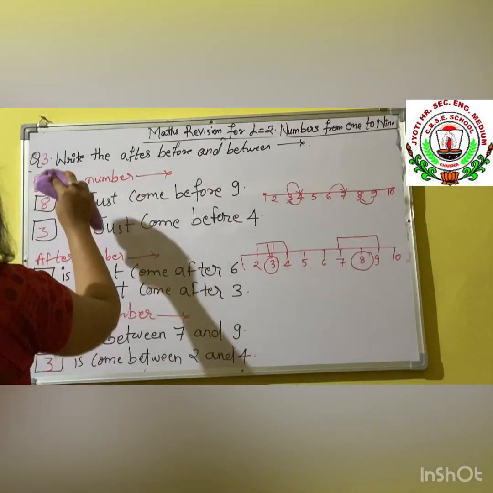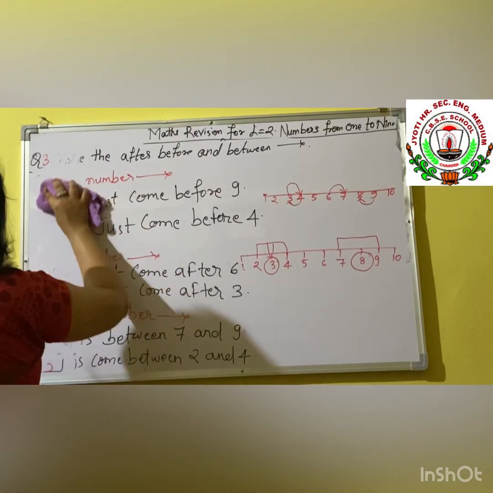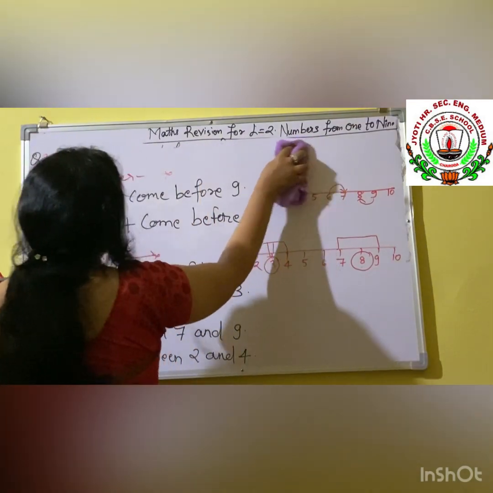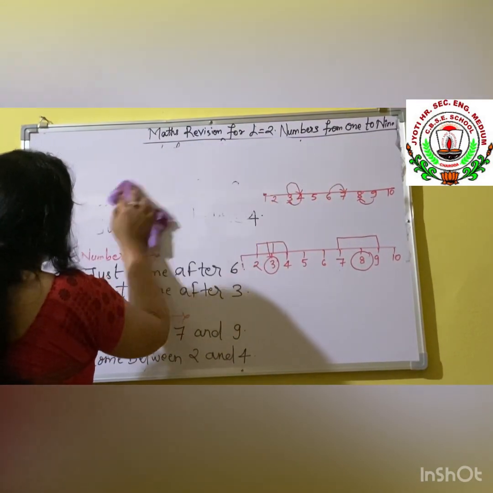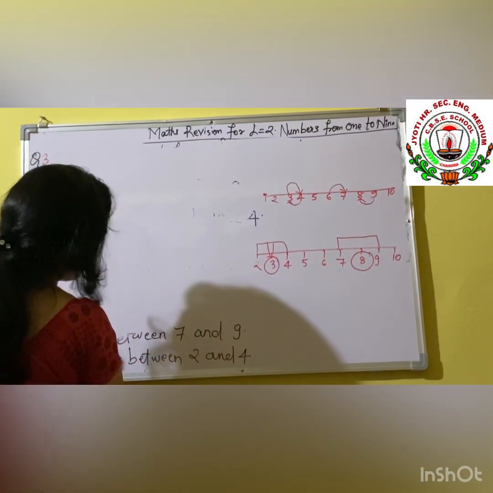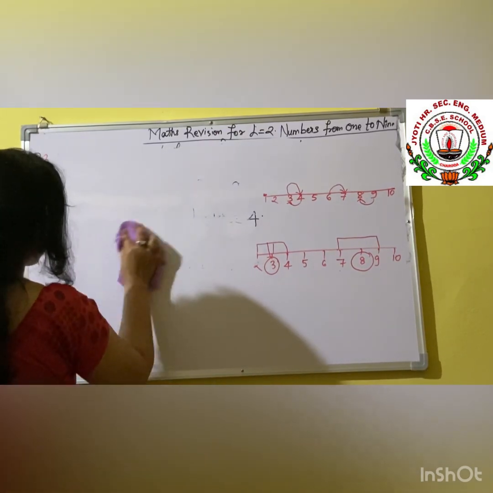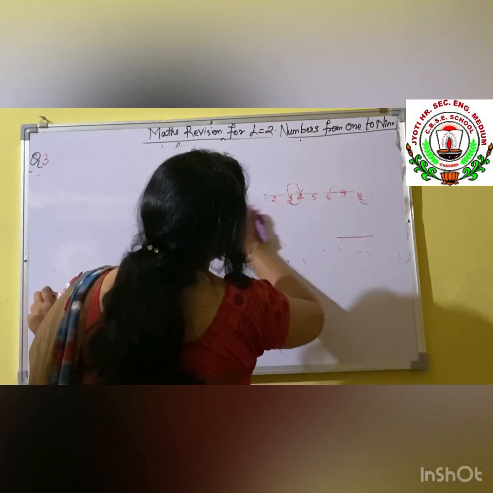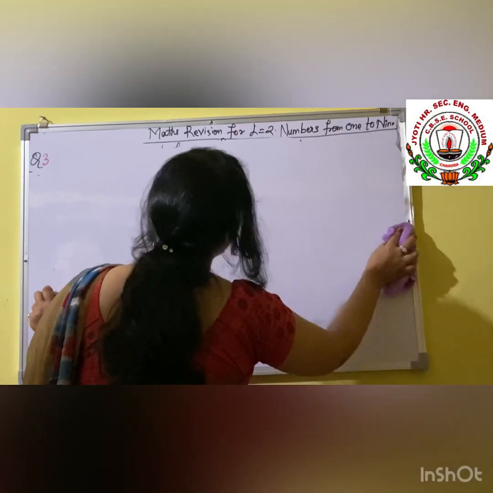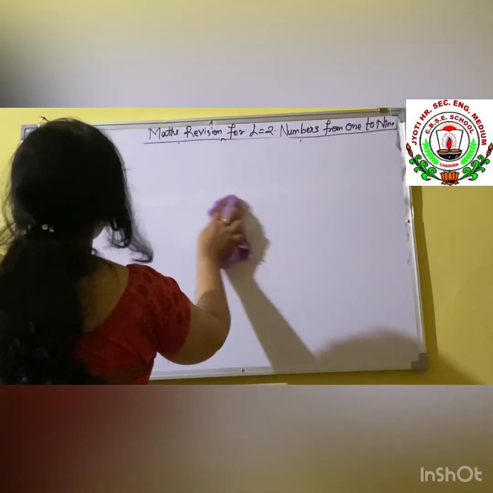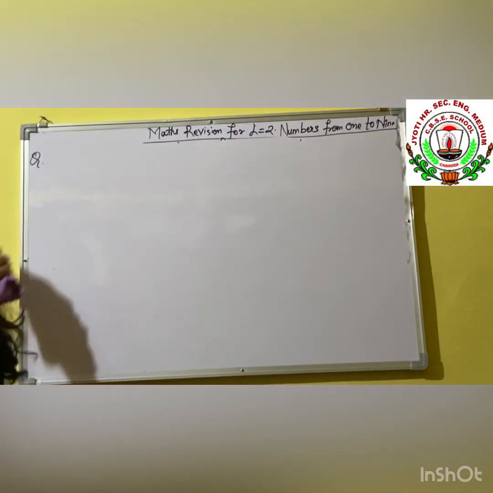Now we are going to question number 4. You have to write it in your copy 2 times and do revision of all these questions. And I will give you a PDF also, so you have to practice at home.